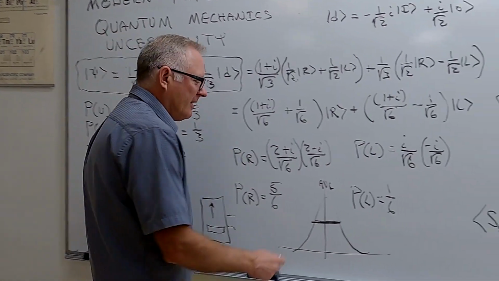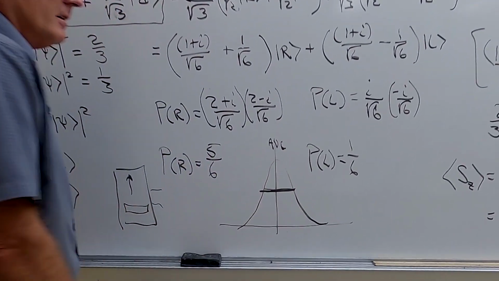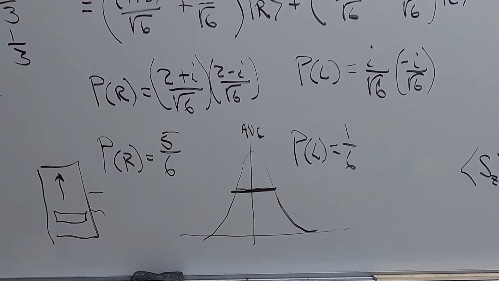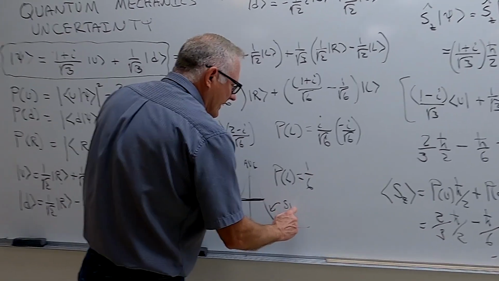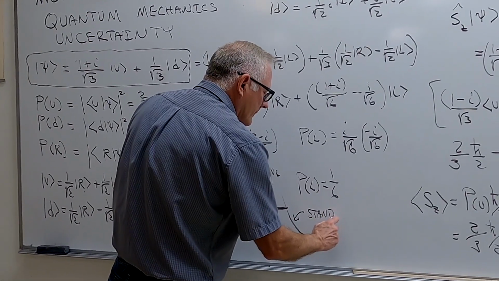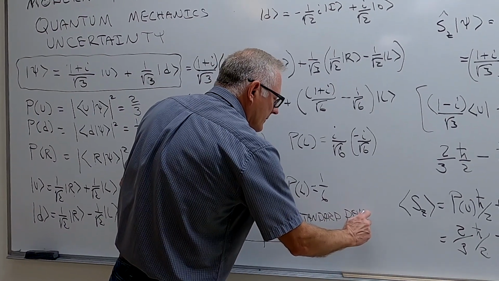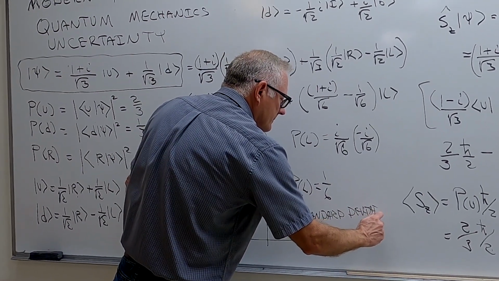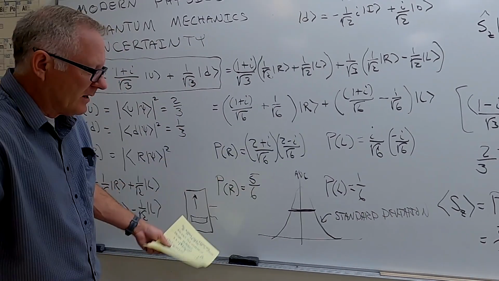Usually, the way we measure the width of a peak, we call the standard deviation. It's really how much it deviates around the mean.